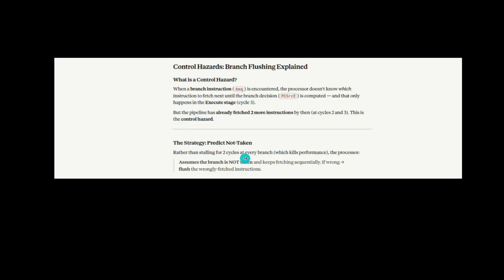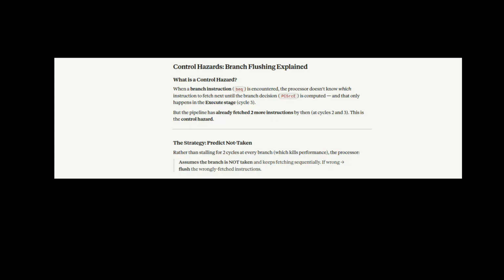Rather than stalling for 2 cycles at every branch, which kills performance, the processor assumes the branch is not taken and keeps fetching sequentially. If wrong, flush the wrongly fetched instructions. So there is a strategy where we predict that the branch is not taken.